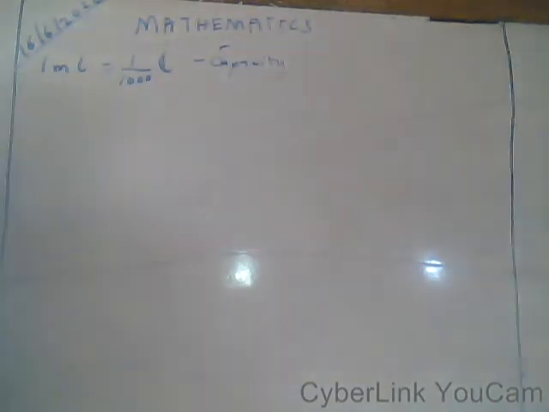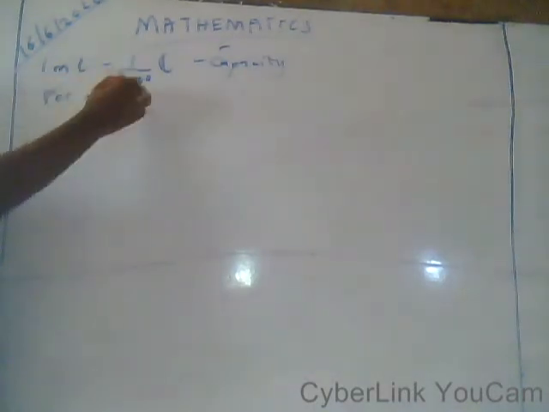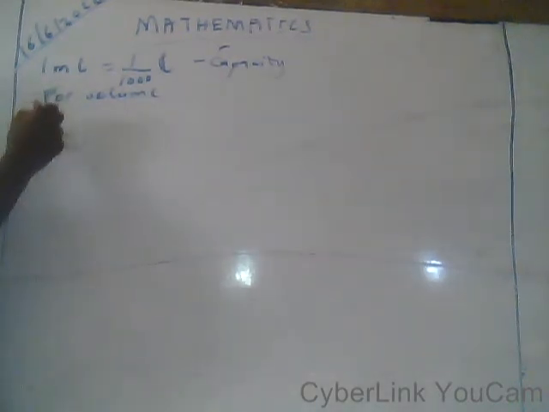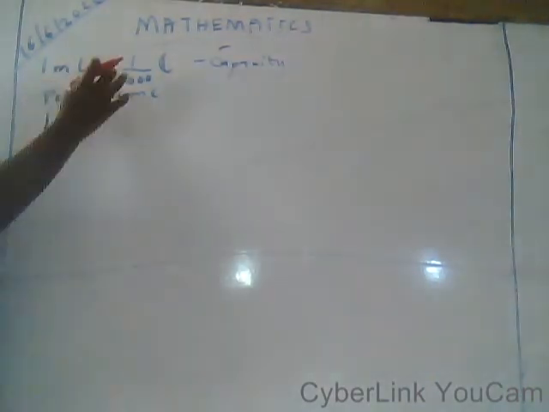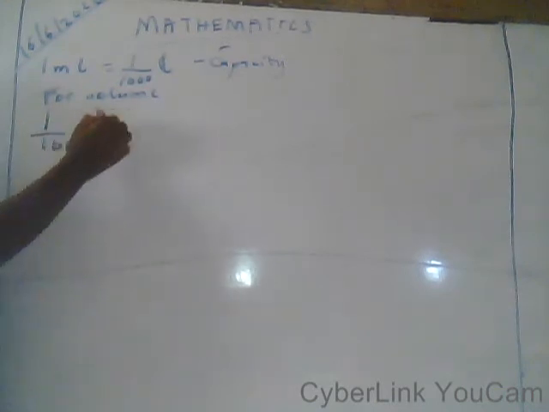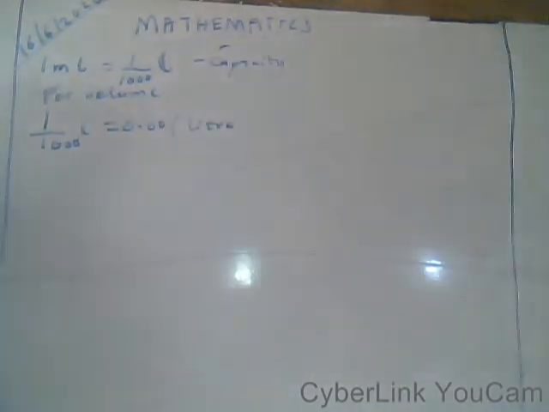Now for the volume, remember we have to get our volume. That will be 1/1000 liter, which is the same thing as 0.001. We want to convert it to meter cube.